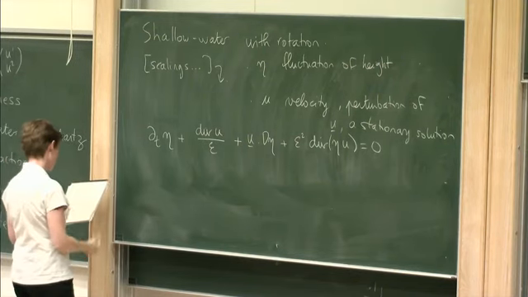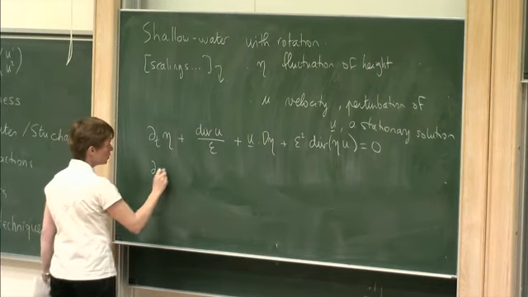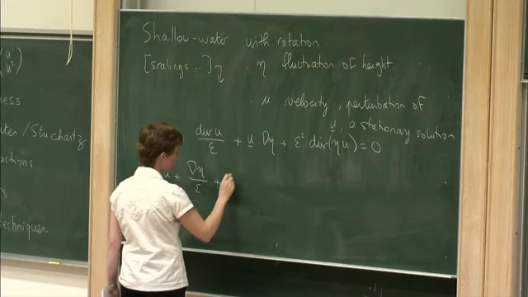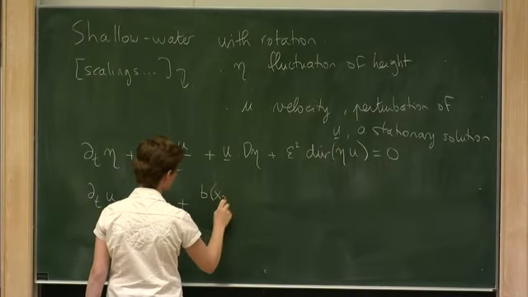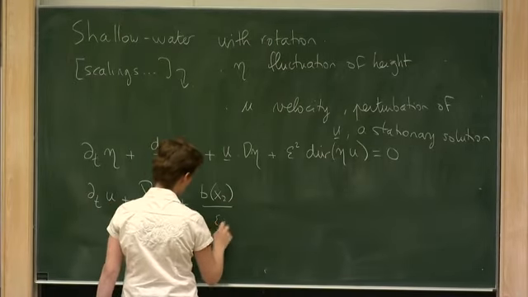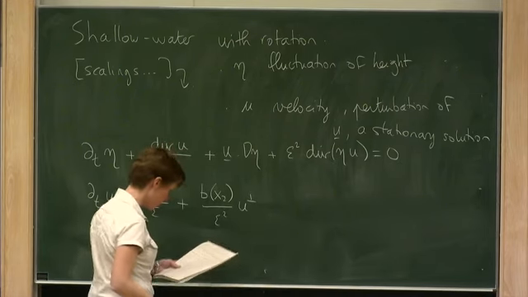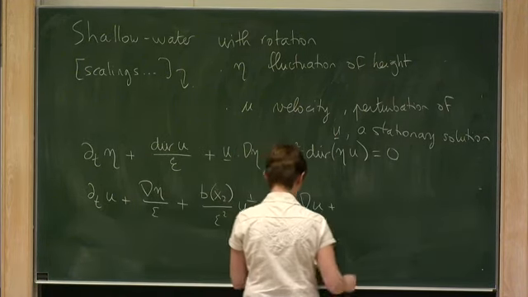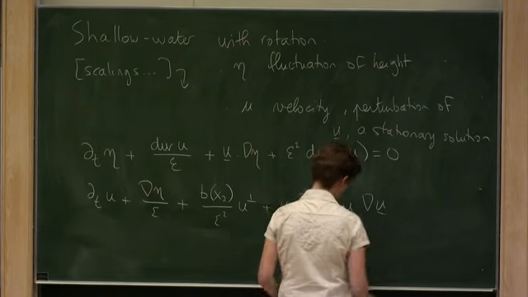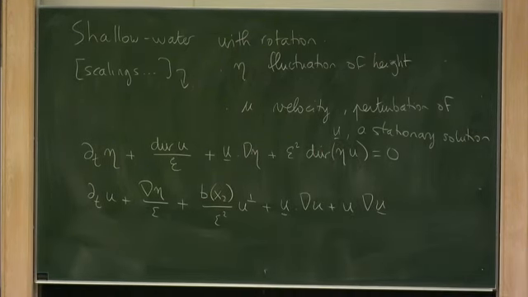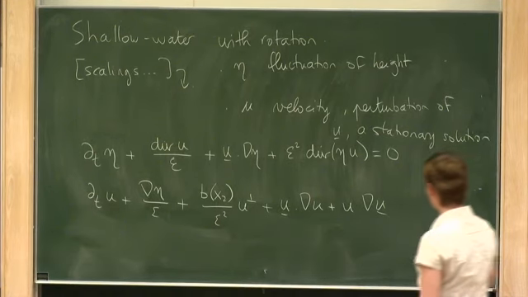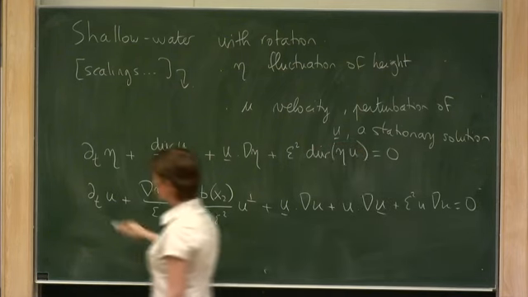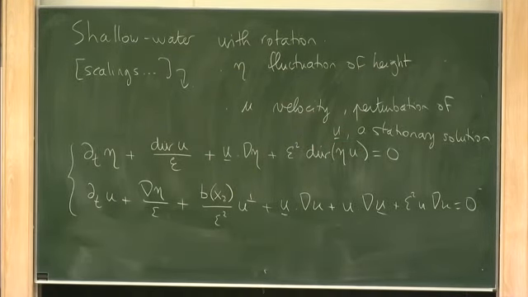So my problem will be basically linear, and then dtu plus gradient eta over epsilon, plus the rotation, which I'll choose to be a function, again b over epsilon squared, u perpendicular, just like before, plus the transport, plus a reaction term, plus a nonlinear term, which again is very small, is equal to 0. So, of course, there are parameters here, okay?